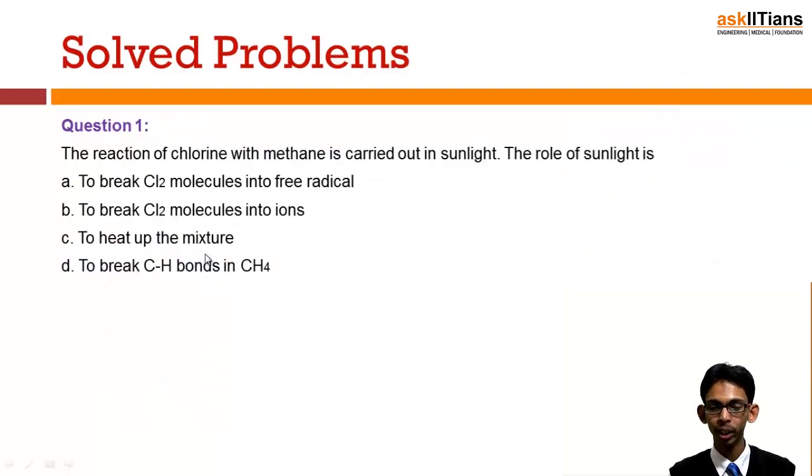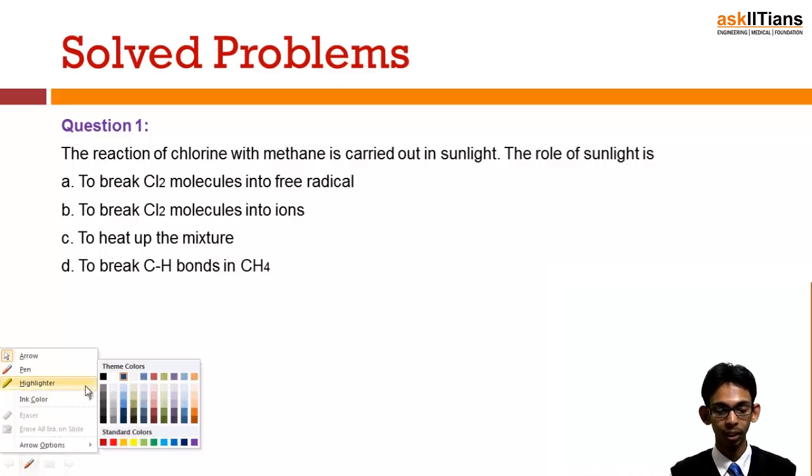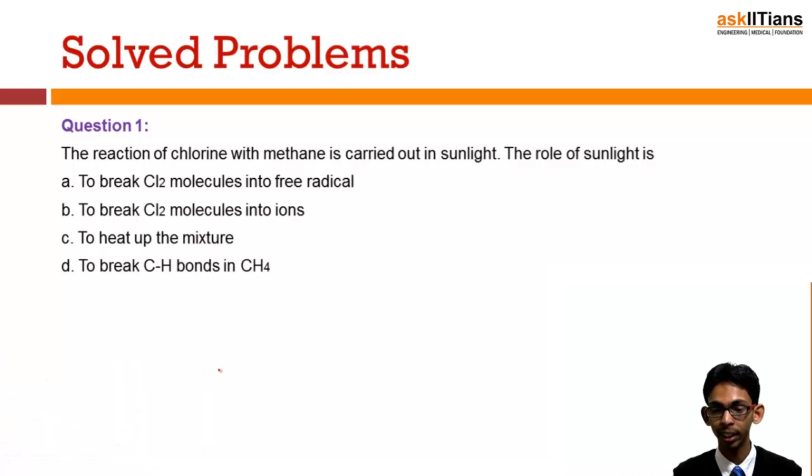The reaction of chlorine with methane is carried out in sunlight. Now the question comes, why? We have just seen in the very beginning that chlorination of alkanes is done in the presence of sunlight. What is the role of sunlight here? Yes, the first step was the formation of free radicals, which was done by sunlight.